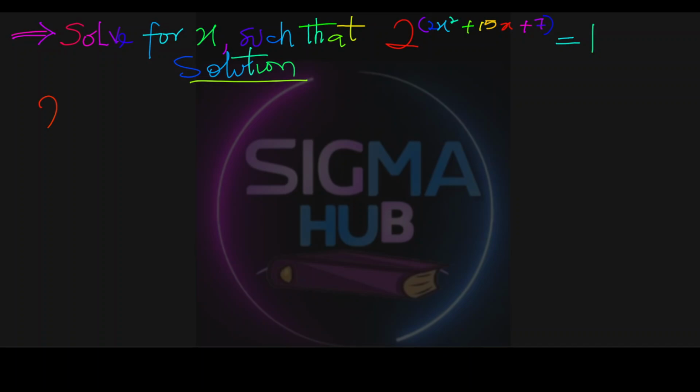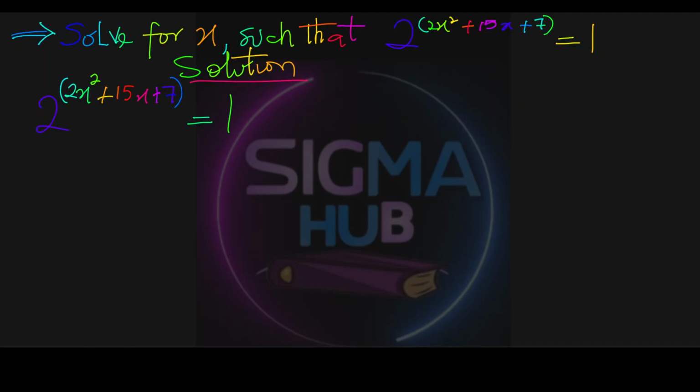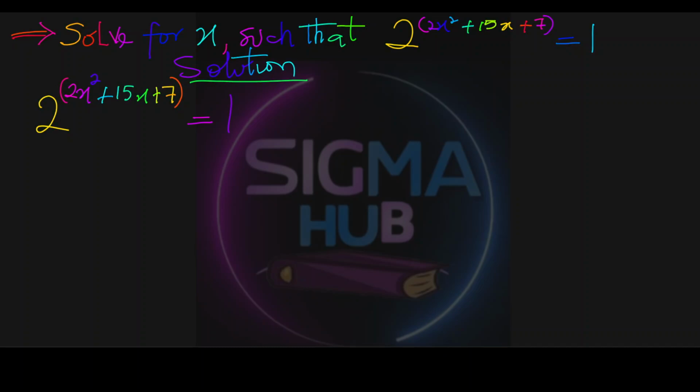So we have 2 raised to the power of (2x squared plus 15x plus 7), everything equal to 1. All I need to do is make both the left hand side and the right hand side have the same base.